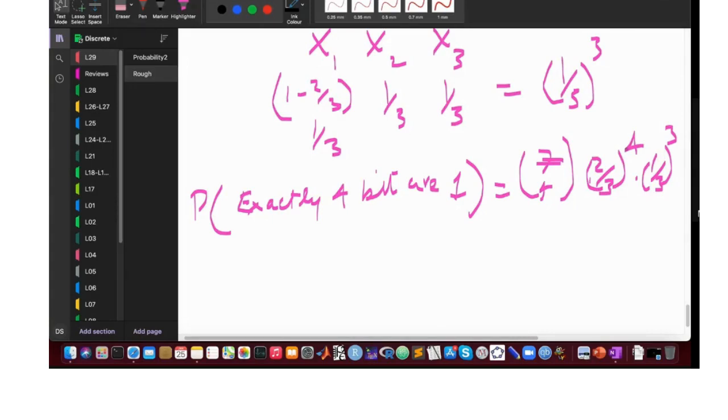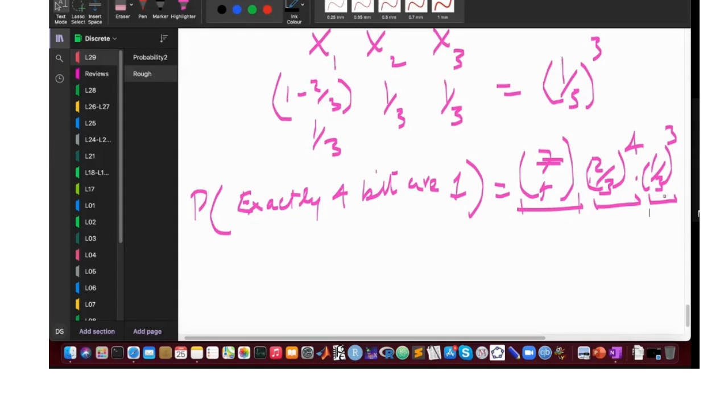Okay, so what you do is you first pick the bits जिनको आपने 1 करना है, okay, and then you make sure that those bits are 1, and then you make sure that the remaining bits are not 1. Okay, so इस probability को compute करने के 3 parts हैं. First you compute कि वो कौन सी bits होंगी जो 1 होंगी, या वो कौन से coins होंगे जो head होंगे.